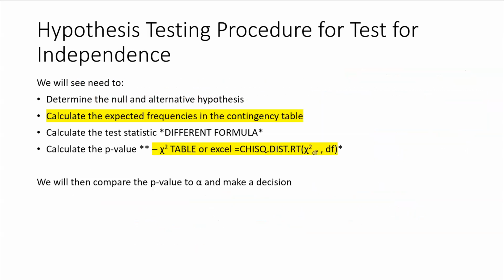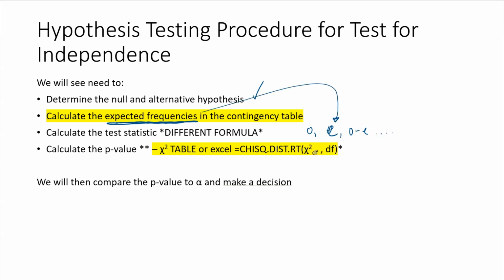All right, so now when we go into hypothesis testing, we've talked about the null and alternative. Before we get to the test statistic, which remember needs the O, the E, the O minus E, we need to get the expected frequencies. It's a little bit challenging to get, but it just takes a little bit of work. Once we get those expected frequencies, we're going to drop those right into there.